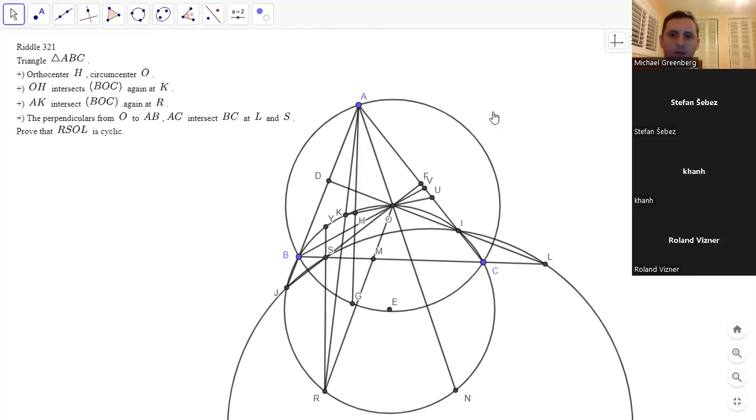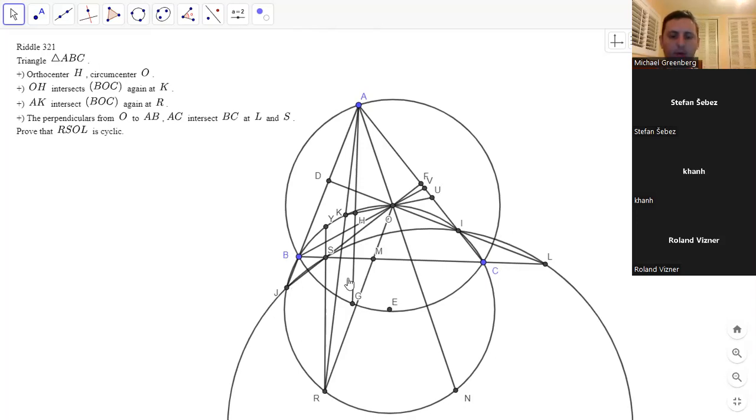All right. So yeah, we have one of the angles equal. Let's see, RBJ.